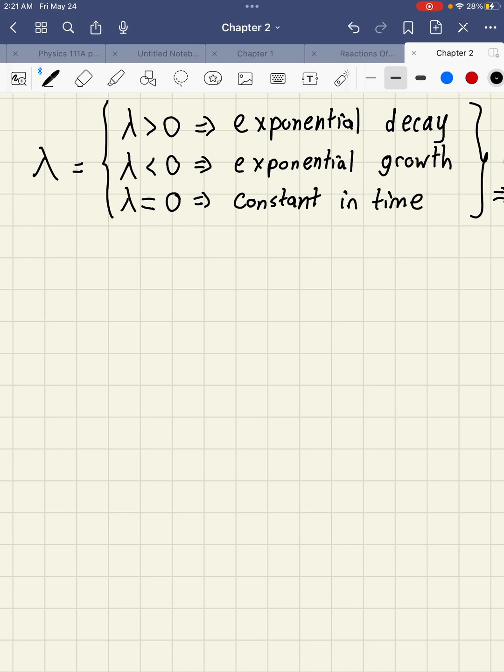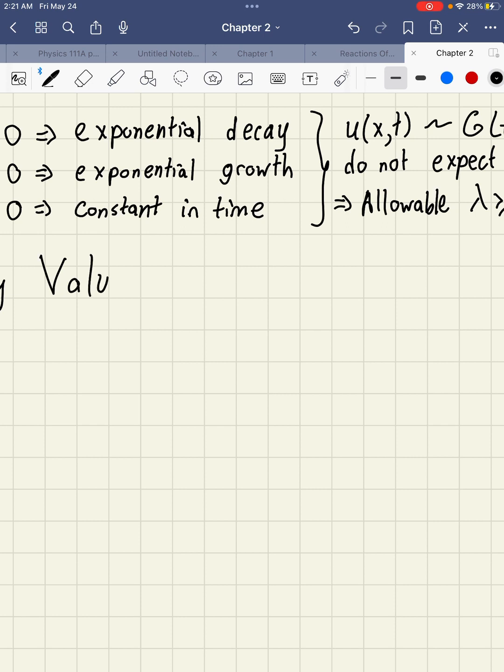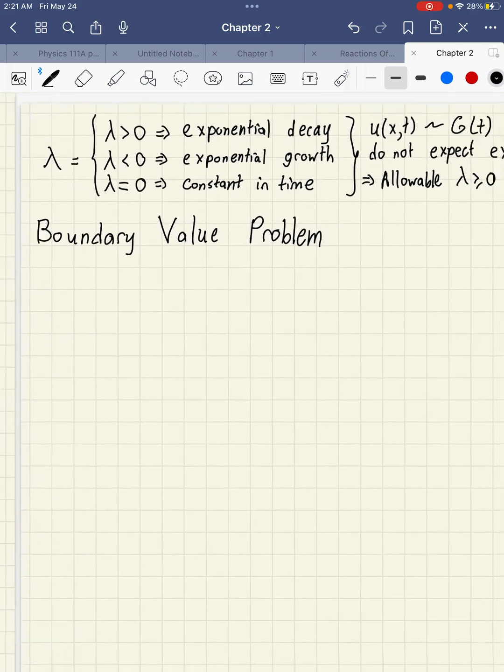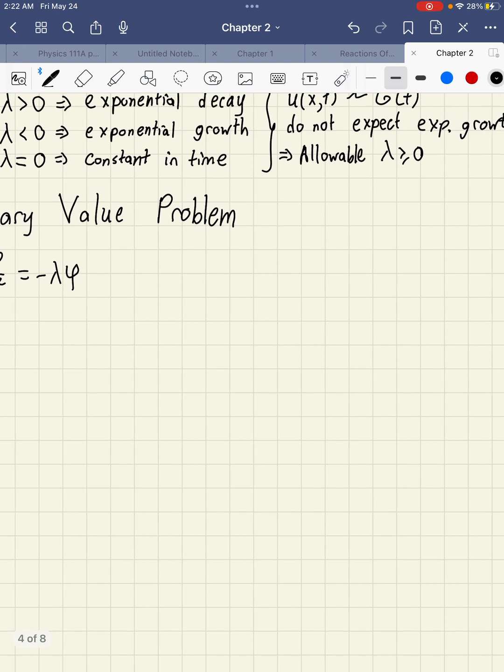So let me introduce the boundary value problem. In this case, my second order differential equation is equal to negative lambda phi. Okay? And I have these two conditions.